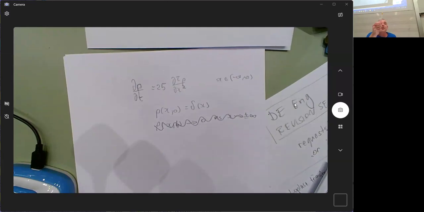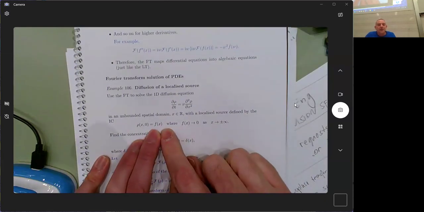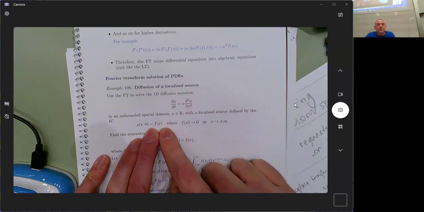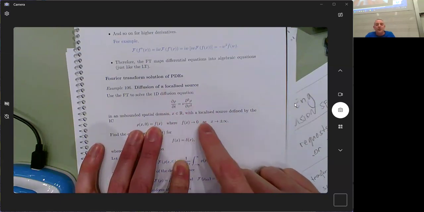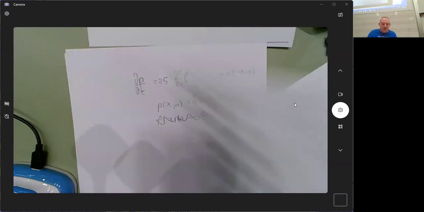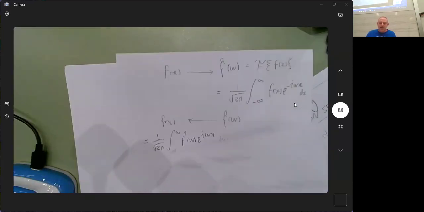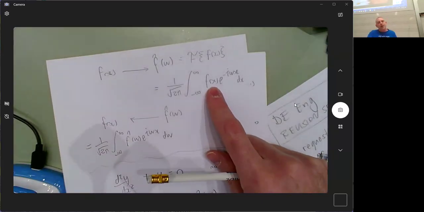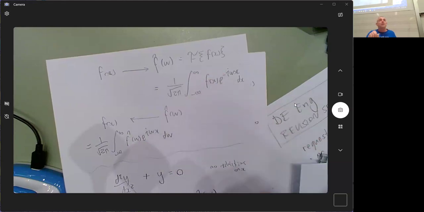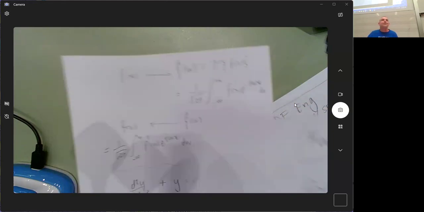Oh, so look at that. Yeah, that's so cool. So look at this thing here. They've said that this is only going to work if your function goes to 0 as x goes to plus or minus infinity. And that's because when you do this integral from minus infinity to plus infinity, when you get close to infinity, this bit becomes 0, and so it's going to work. Okay, right.